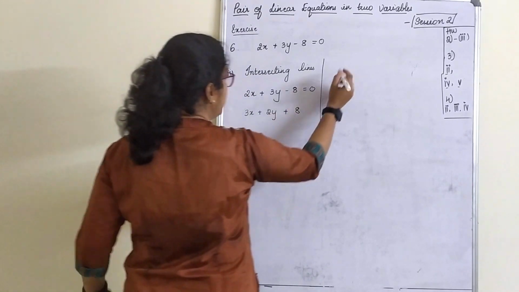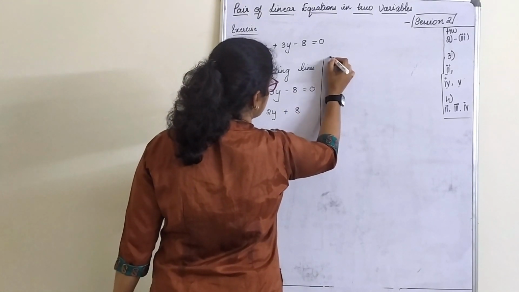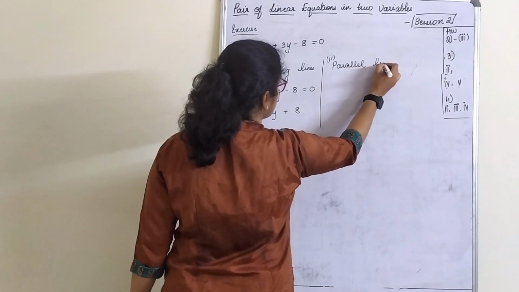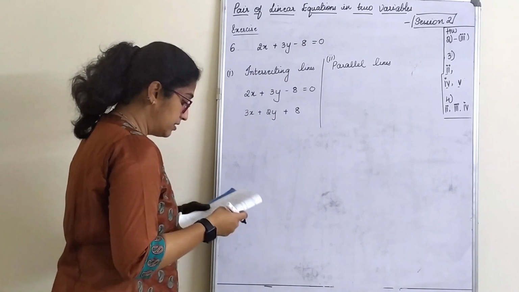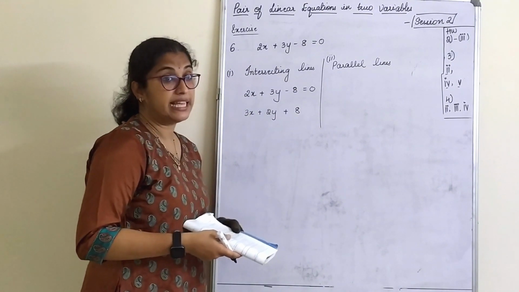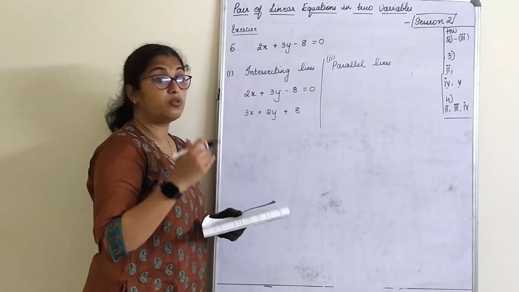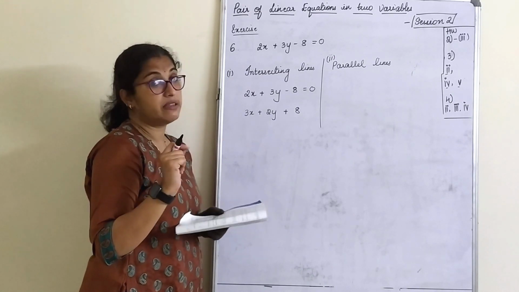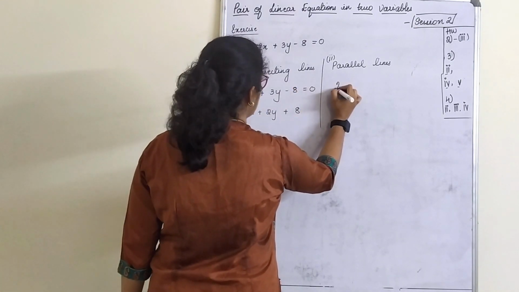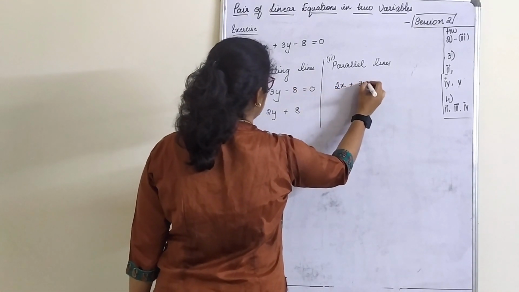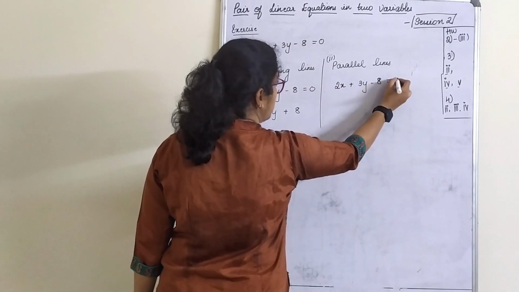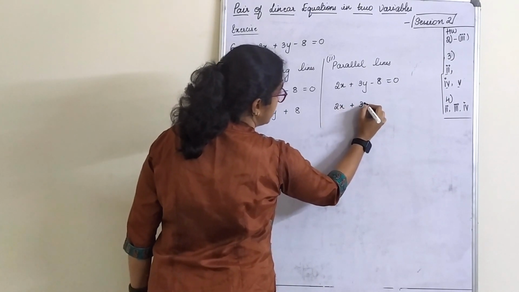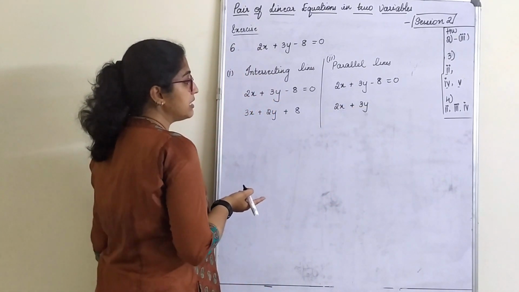Next one, parallel lines. What are the conditions for parallel lines? In parallel lines, A1 by A2 can be equal to B1 by B2, but should not be equal to C1 by C2. So the first equation given is as it is, 2x plus 3y minus 8 is equal to 0. So A1 by A2 is equal to B1 by B2, but not equal to C1 by C2.